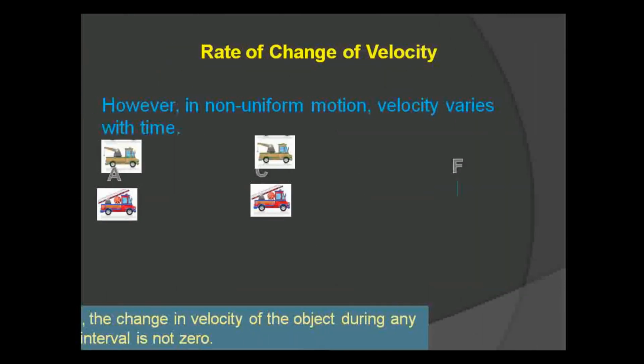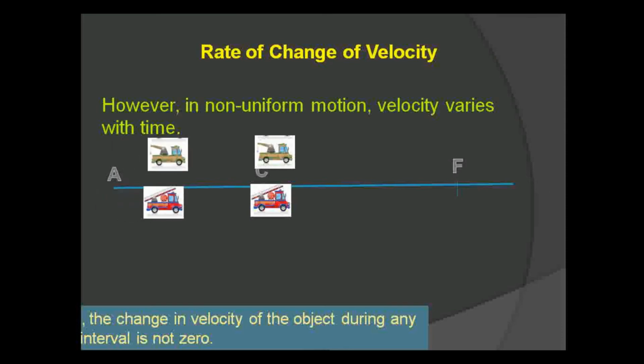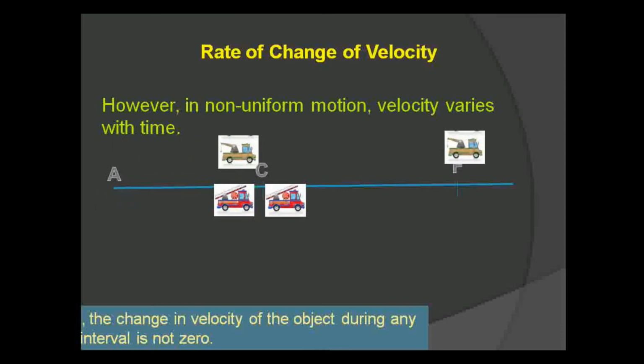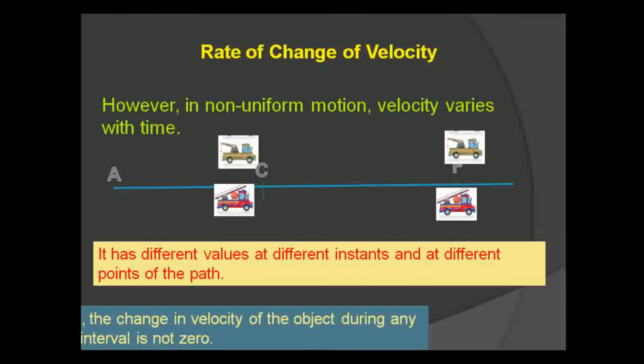Rate of change of velocity. Now, in case of non-uniform motion, velocity varies with time. Here again, a straight line is there, A to C to F, and the traffic here showing the change in velocity. It has different values at different instants and at different points of the path.